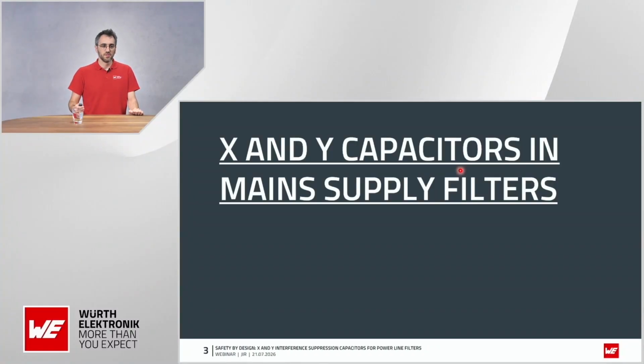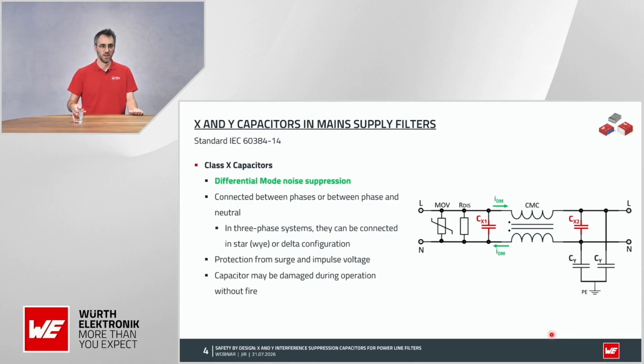First of all, X and Y capacitors and how we use them in mains voltage supply filters. So, what is an X capacitor? X capacitors are connected between phases, or between phase and neutral, and in three-phase systems between each phase and another.